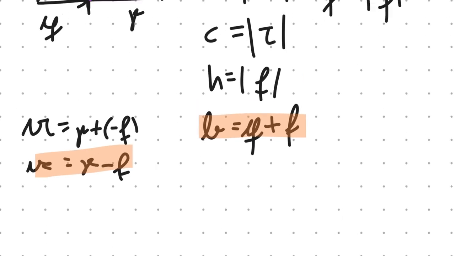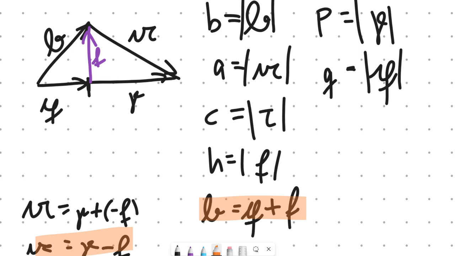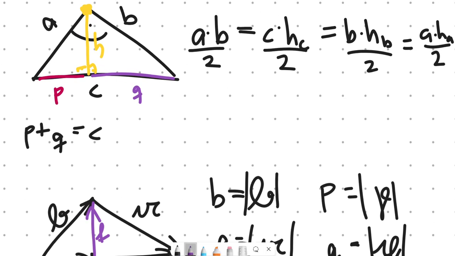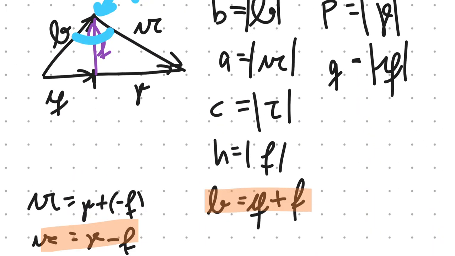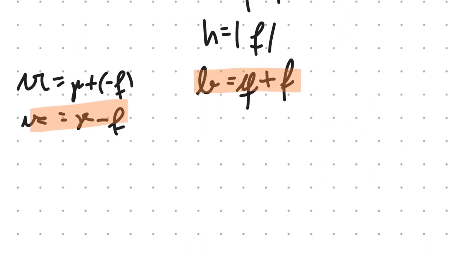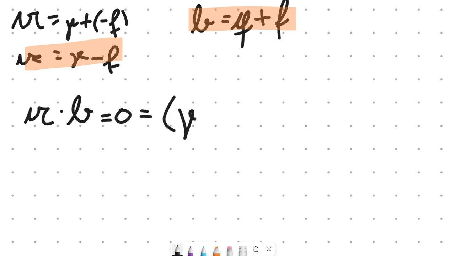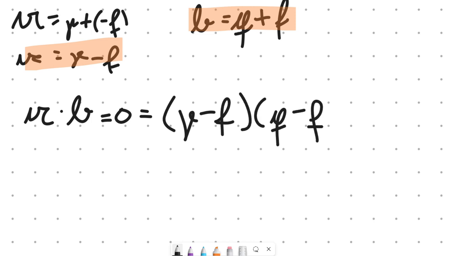Now, since we had a right triangle at the top, this angle here is 90 degrees, which means when we have perpendicular vectors pointing at one another, we can also say that U times B is equal to 0. But U is gamma minus F, so we can say gamma minus F and gamma 2 plus F.